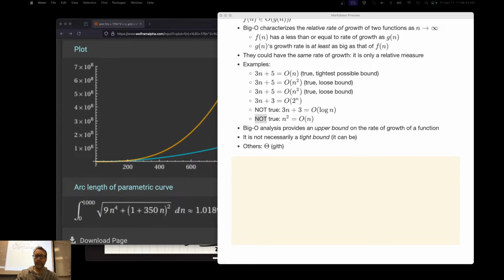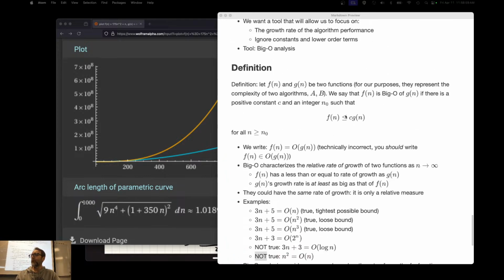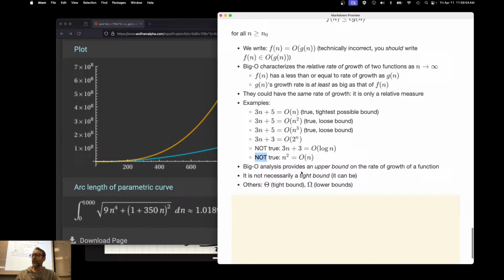In other words, f of n has exactly the same rate of growth as g of n. Or a lower bound would be big omega. It's just the same definition, but in reverse. Instead of less than or equal to, it becomes greater than or equal to. So that's why we're not going to look at them. We're just going to look at big O because that's sufficient.